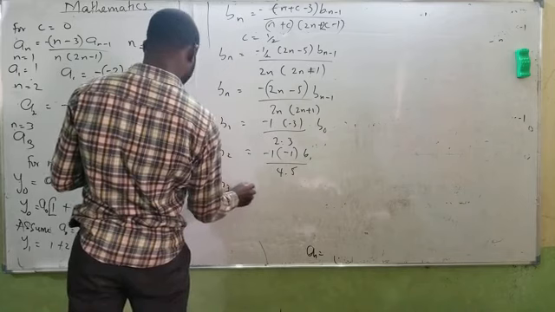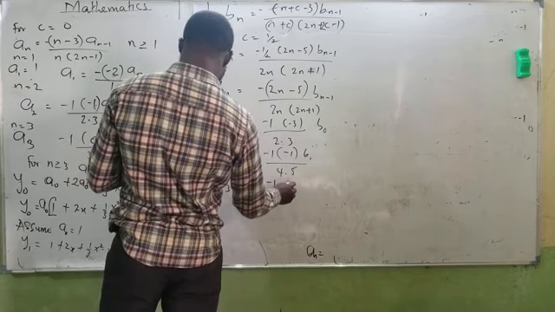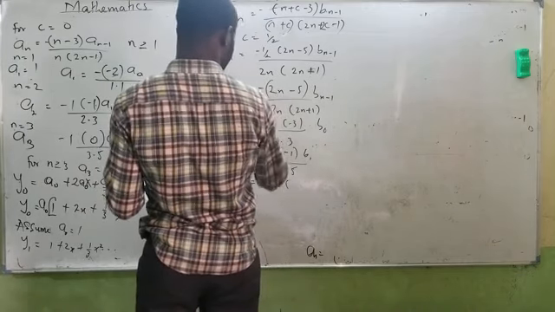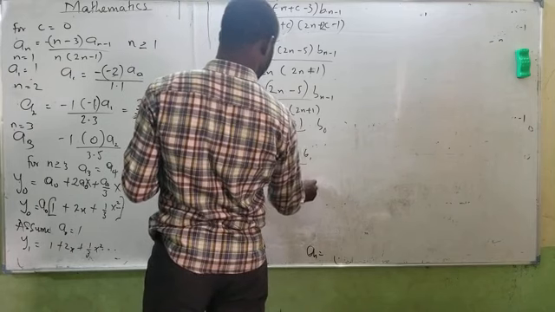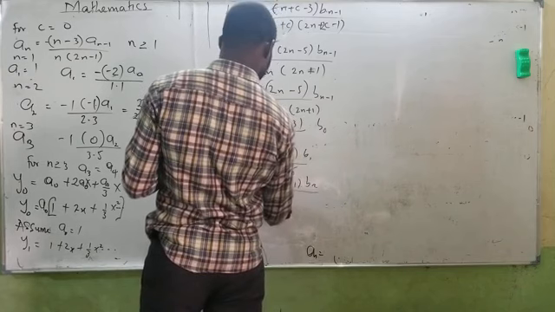Now my b3 will be equal to minus 1 minus 1. b3 will be equal to this. That'll be 6. That'll be 1 bracket of b of what? 2 divided by what?